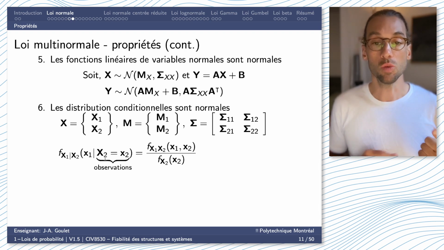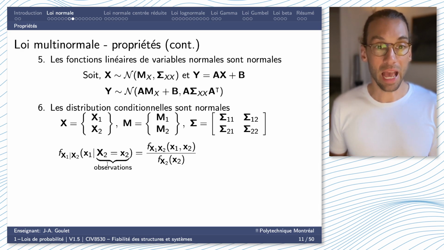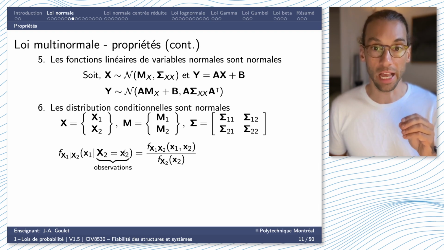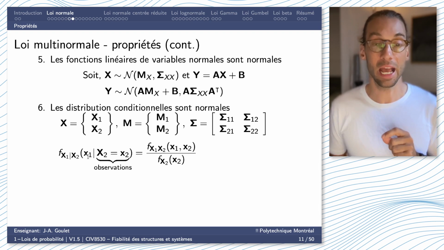And what we can do with the Gaussian conditional is that we can directly have access to a closed form solution for conditioning, for the conditional distribution. What does it mean? If I'm observing the set x2, I can directly have access to how observing x2 changes my knowledge of my first set x1.